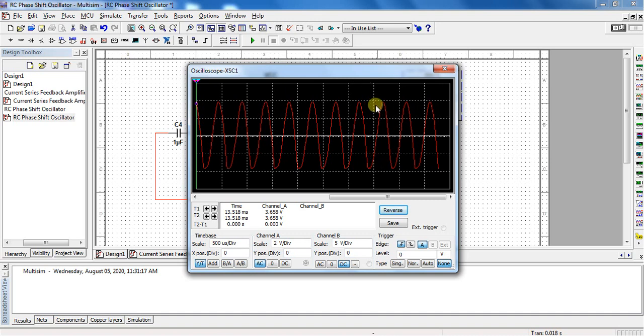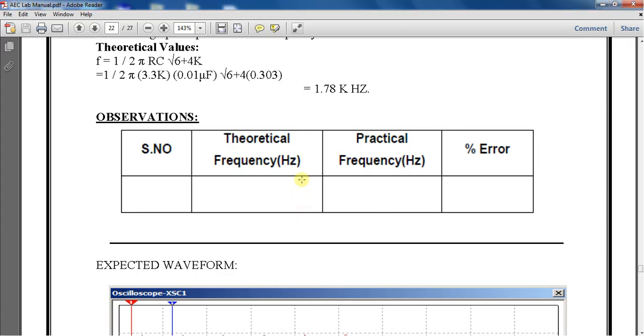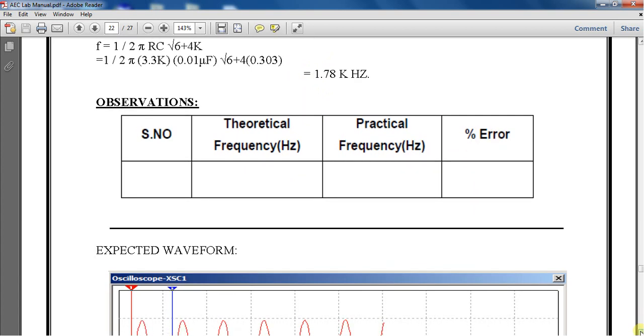Each block is divided by dashed lines, 1 2 3 4 5 and 6. If you identify that perfectly, we can get less than 2 kilohertz. We can measure that percentage of error also.